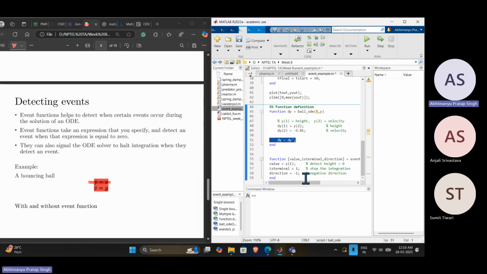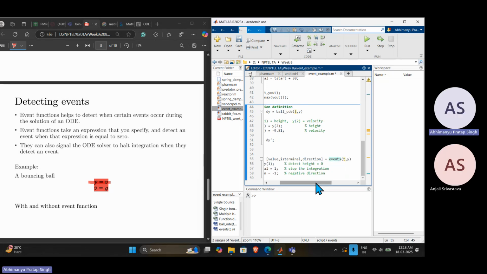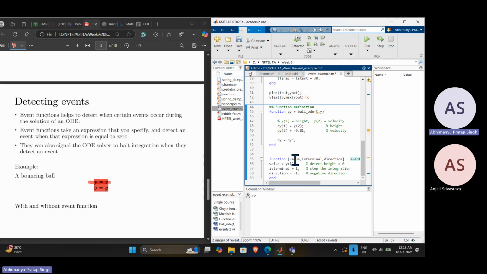Another function is the event function. It takes as input the same t and y, time and the vector y. You can name it anything you want; I just named it events. The outputs are three things: value, isterminal, and direction. The value is whatever condition you want to give.